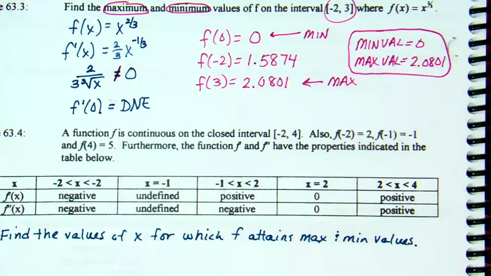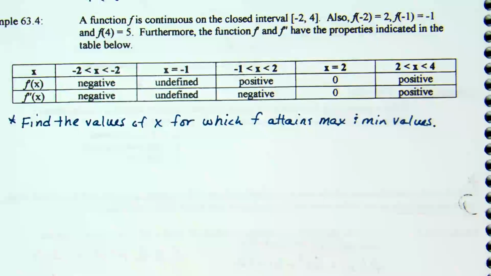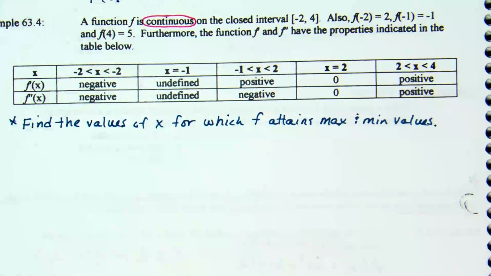Okay. X equals -1, x equals 2, are going to be critical points. Okay, so let's see. It's continuous on the closed interval -2 to 4.